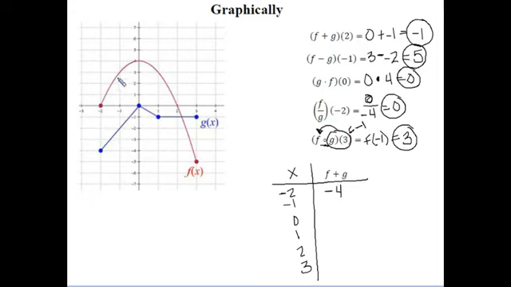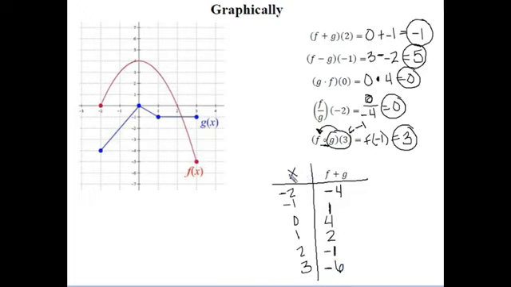Now at -1, I want to take 3 and add it to my answer of -2, which would be 1. At 0, I want to take 4 plus 0, which is 4. At 1, I want to take 3 plus -1, which would be 2. At 2, I want to take 0 plus -1, which is -1. And then when x is 3, I'm going to take -1 plus -5, which gives me -6.